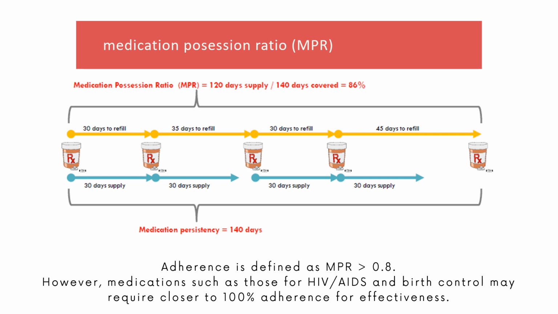The patient can be said to be adherent to a certain medication if the MPR value is more than 0.8. However, for medications like HIV drugs and birth control, they may require closer to 100% adherence for them to be effective.